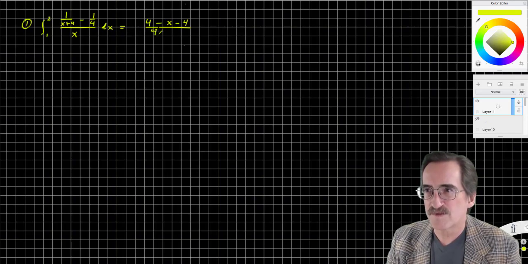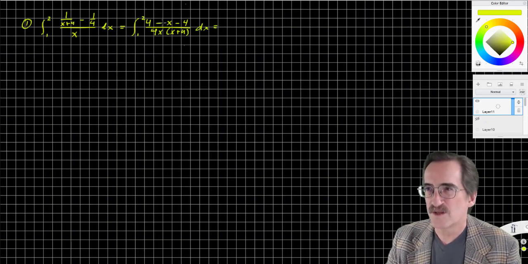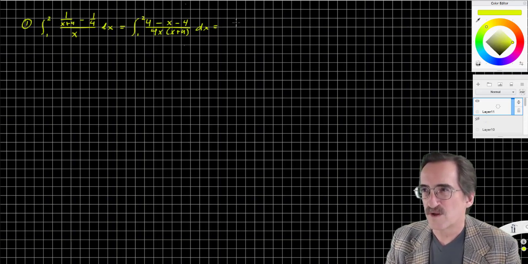So 4 times x plus 4. Okay, so the integral from 1 to 2. And 4 minus 4 is 0, so this and the x's then cancel. And so we're left with 1/4. I'm just going to pull the fraction out front. 1/4 times the quantity 1 over x plus 4.